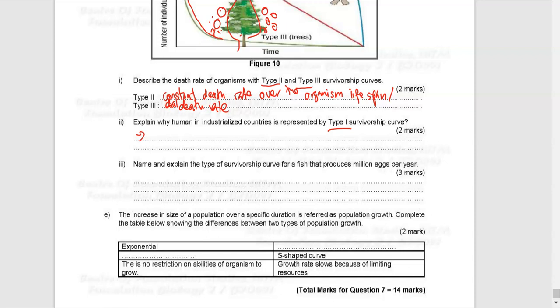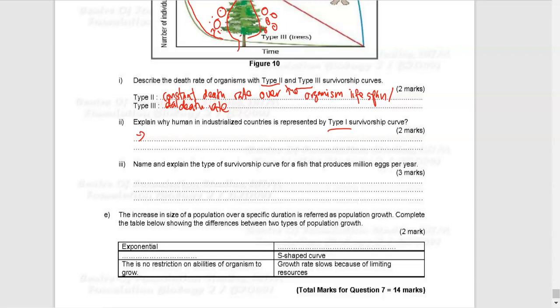Sebab apa? Bila awak kecil kan, bila baby, macam saya dah explain tadi, you are taken care of. Okay, so you are taken care of and so therefore the rate of mortality for infant and childhood is reduced.